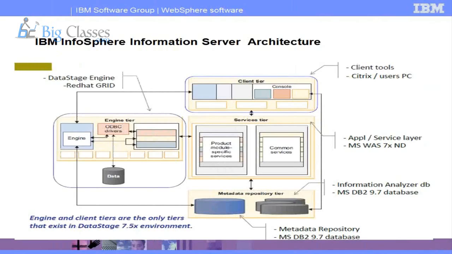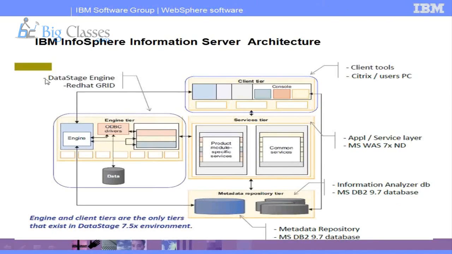But the architecture we have here is IBM InfoSphere Information Server. Whatever the IBM InfoSphere Information Server architecture, there are different components and different tiers: client tier, services tier, metadata repository tier, engine tier.